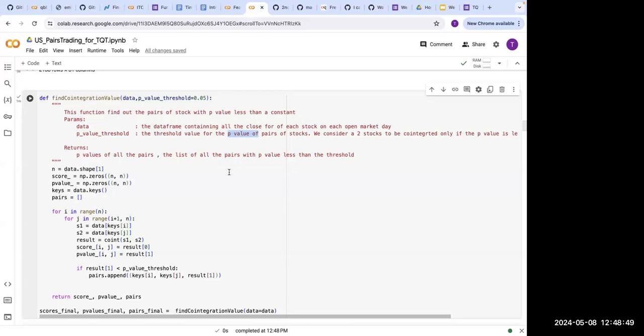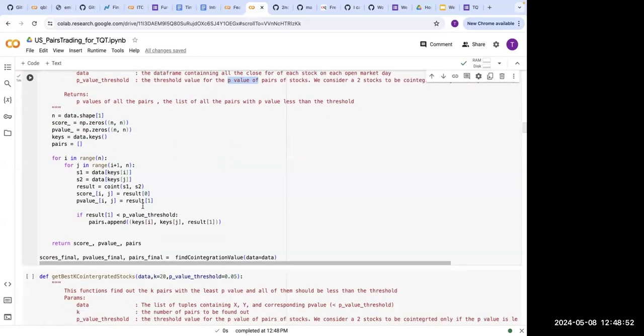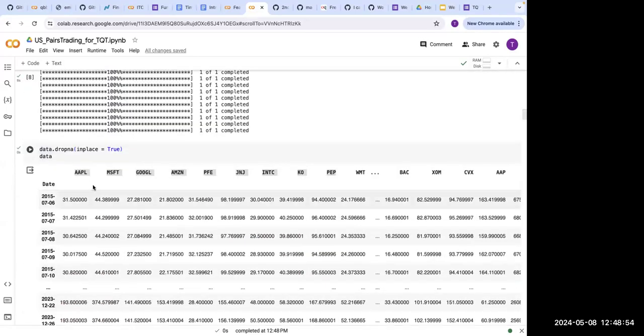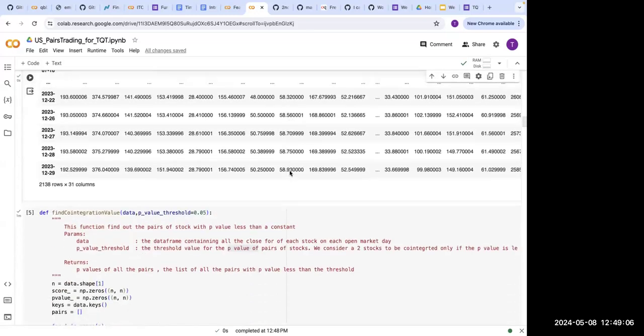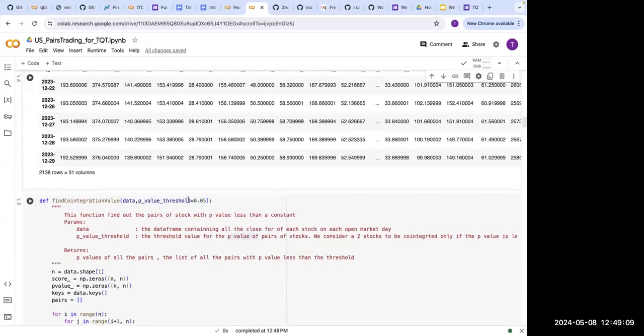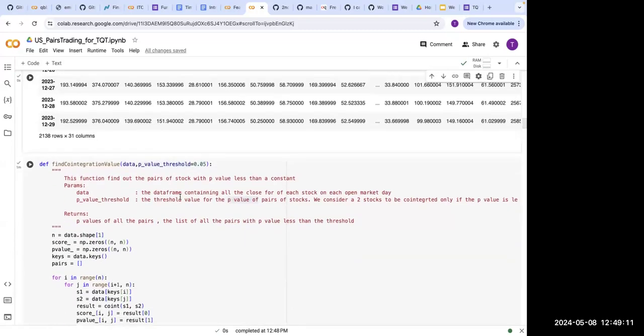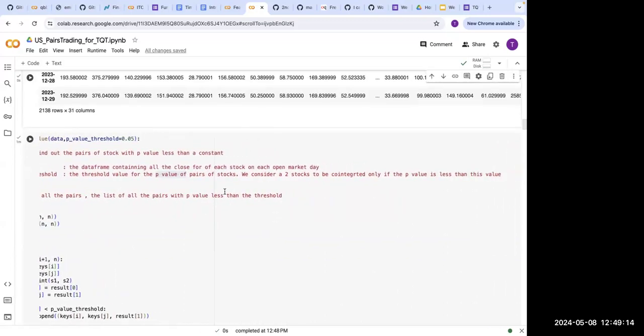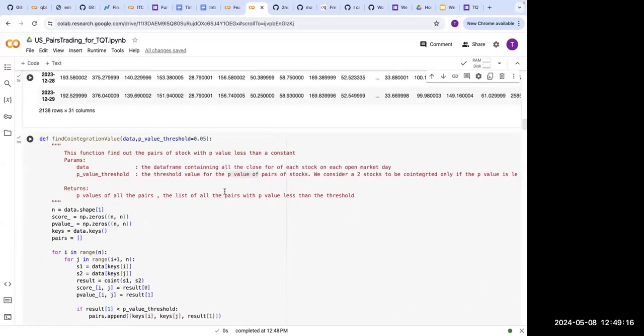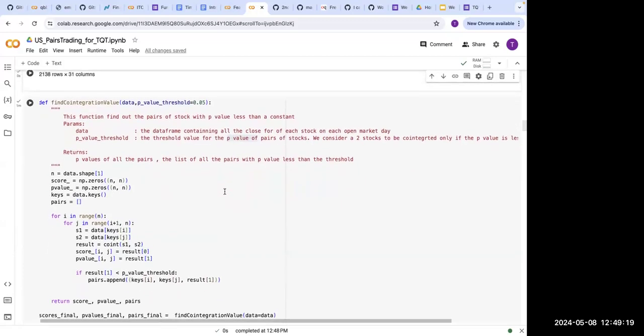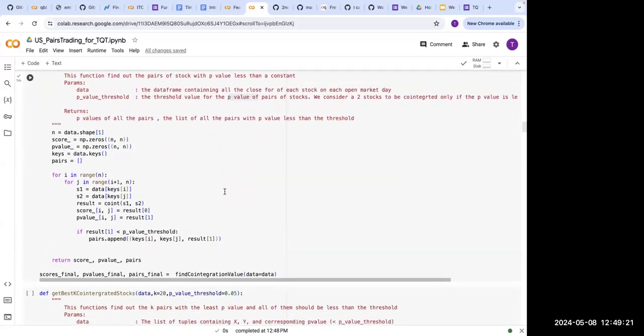All these stock pairs are not actually correlated, so we have to find the stocks which are actually correlated. Let's say Pepsi and Coca-Cola, as I gave the example of, they should have a p-value that's less than some particular constant. The lower the value, the more they are related to each other. So the p-value is a kind of variance among your stock values. If it's going much higher than expected, these stocks are probably not correlated.